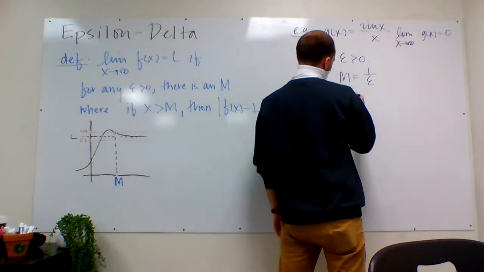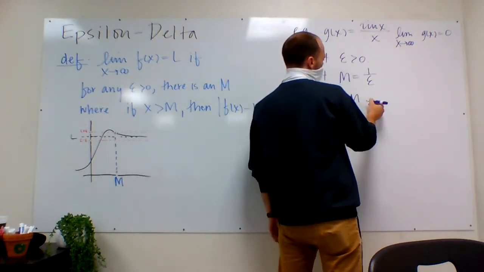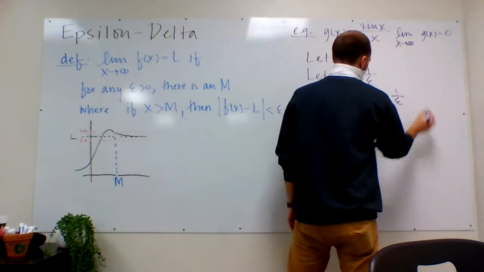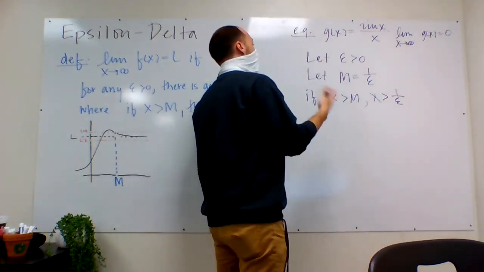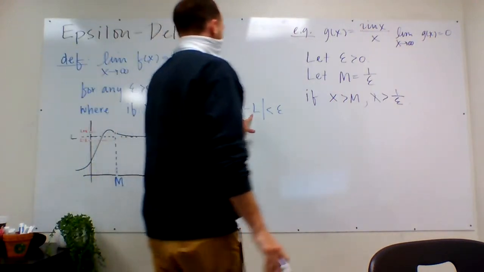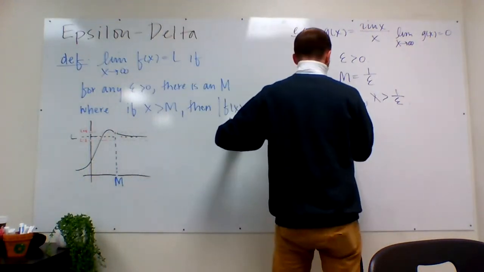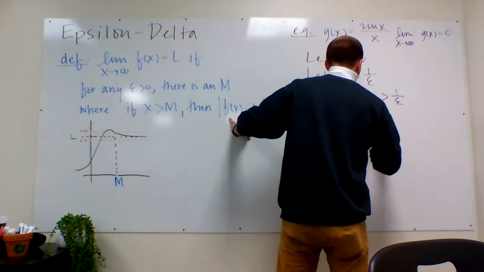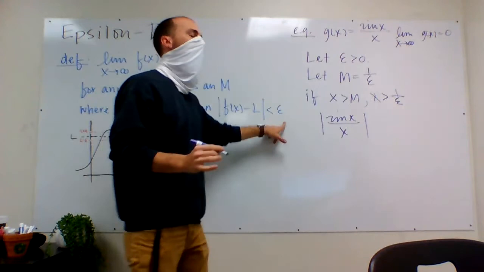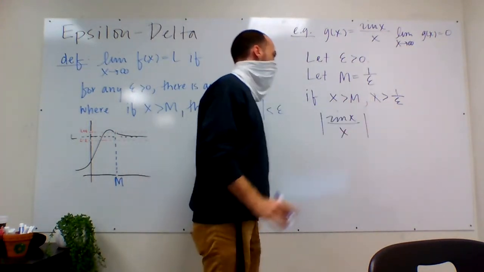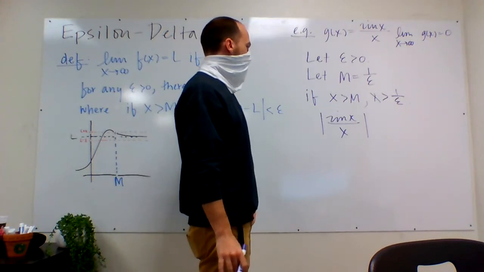If x is greater than m, that's saying that x is greater than 1 over epsilon. Then I need to show that the difference between f of x and 0, so sine x over x, is less than epsilon. But I've got x greater than 1 over epsilon, so let's see.